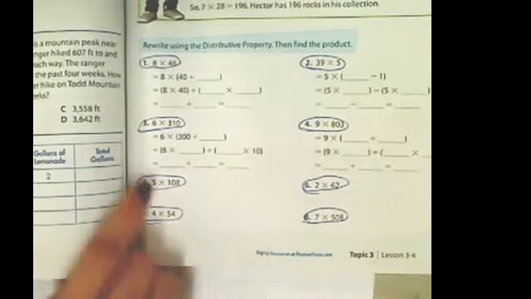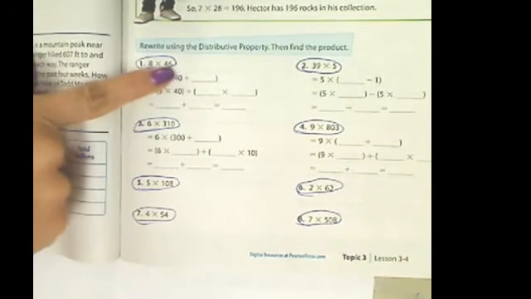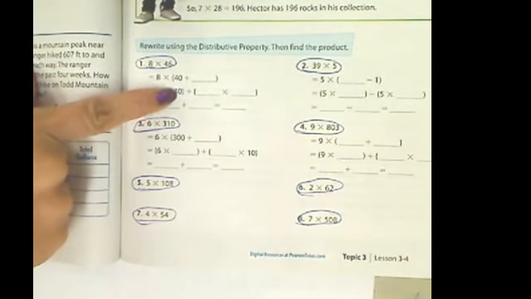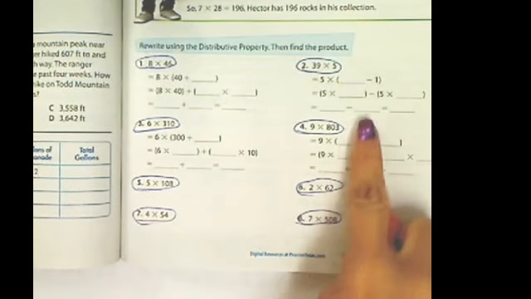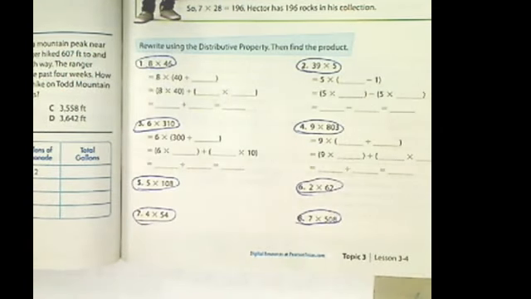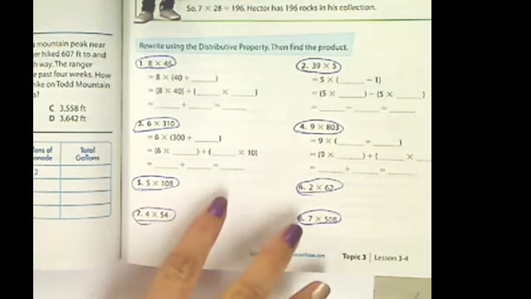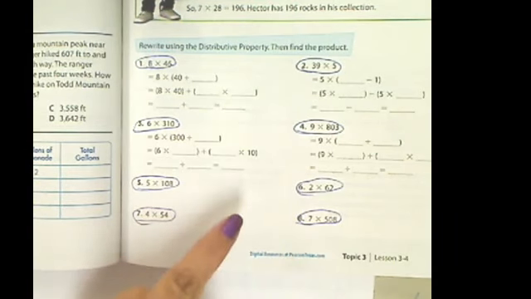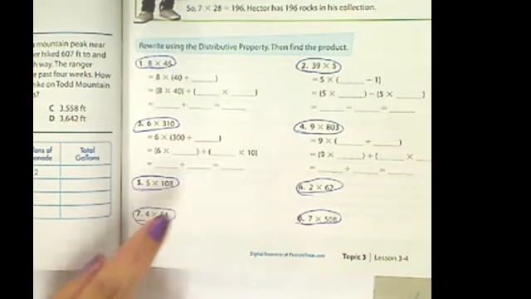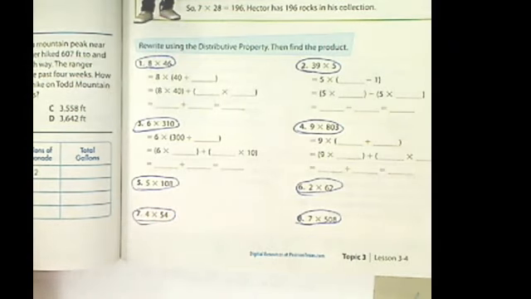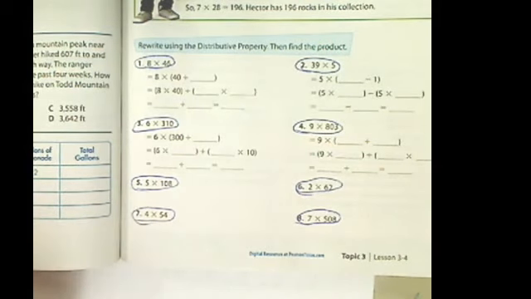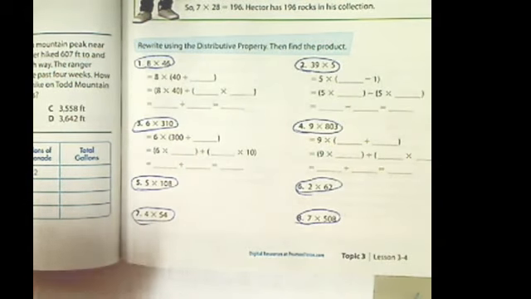Okay, so pause the video. Don't worry about this mess because all of your work for these 8 problems needs to be on a separate sheet of paper. Do not show any work on this page because there's not enough room, and I want to see you showing everything: the expansion, the multiplication, the addition, and the final product.